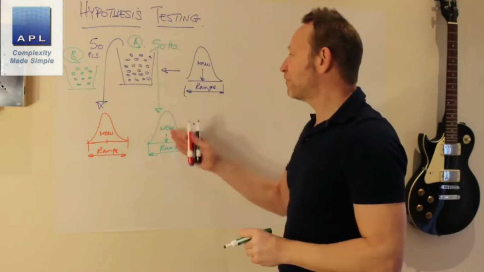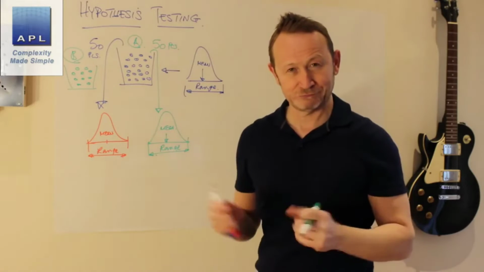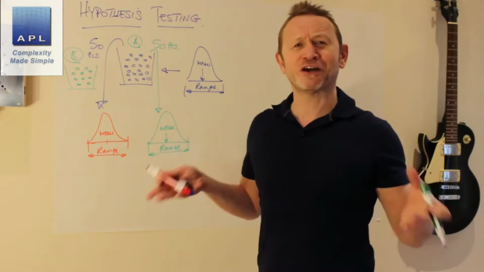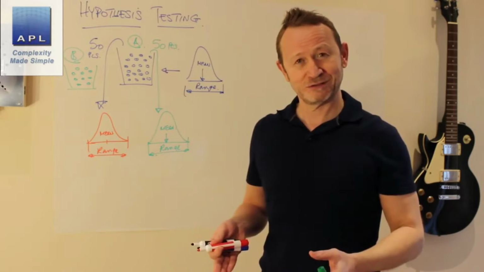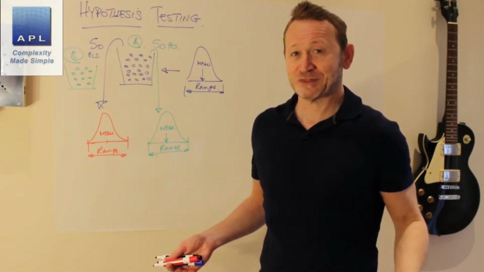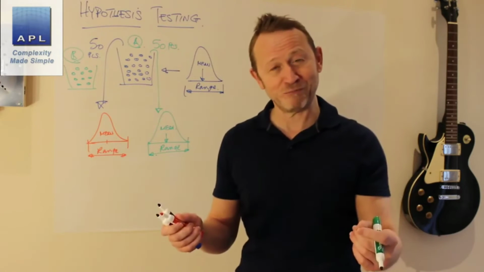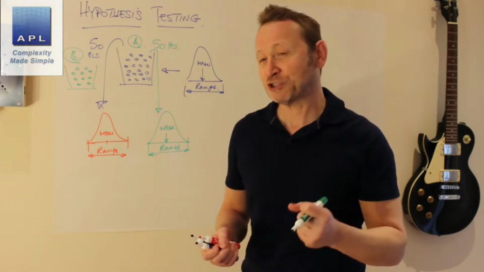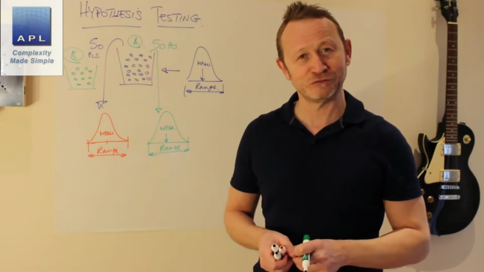If when I sample from the same bucket, I always get a shift when nothing's happening, how will I ever know if a shift happened? Because I always see two different results. And it could be just two different results because I've sampled and that's the luck of the draw. Or it could be the process has genuinely moved.